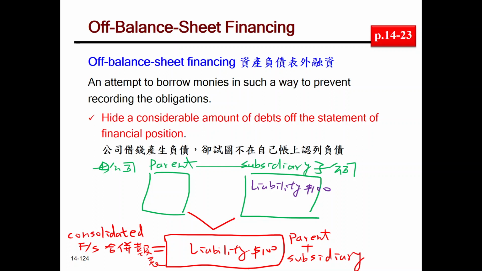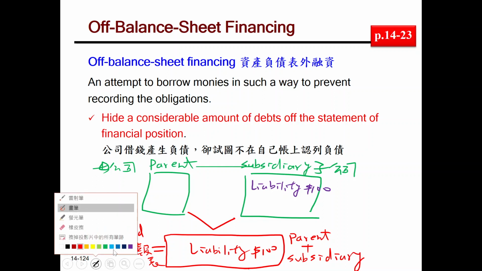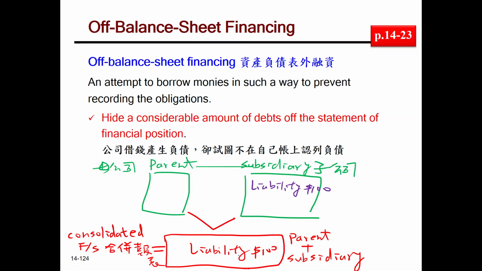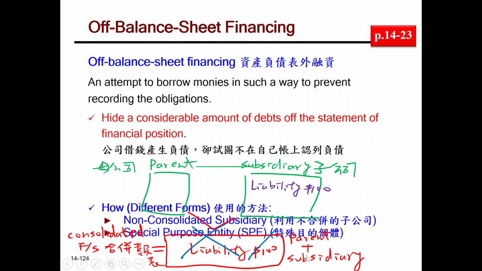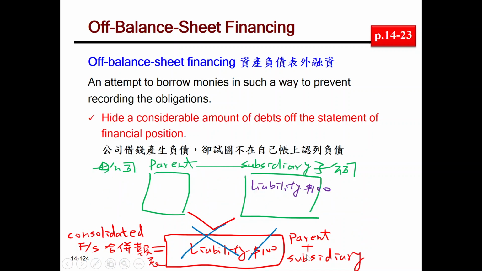You try not to combine your financial statements. Try to avoid the requirements we have in accounting. So that's the way. Try not to prepare consolidated financial statements. We have some requirements, but you don't need to understand it now. It's okay.